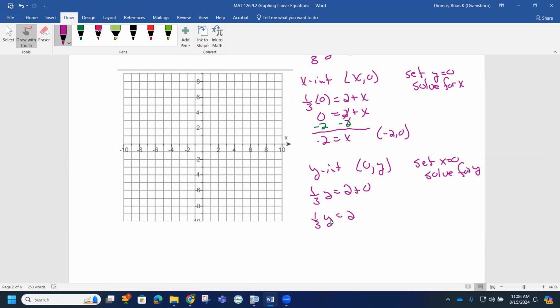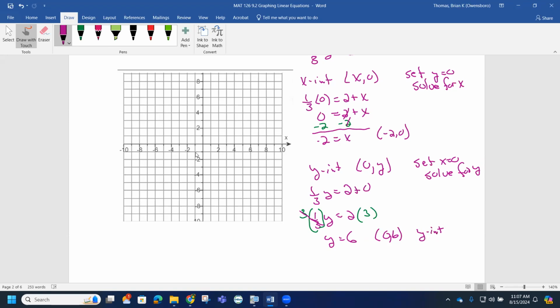To get rid of this 1/3, we can divide by 1/3, but dividing by 1/3 is the same thing as multiplying by the reciprocal. The reciprocal of 1/3 is 3. So if I multiply both sides by 3, that should also make the coefficient turn into 1. Notice how this 3 and this 3 will just divide out, turning into a 1y, or just y. So the only math we really need to do is 2 times 3, which is 6. So 0, 6 would be the y-intercept.